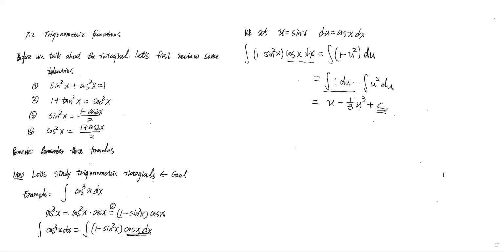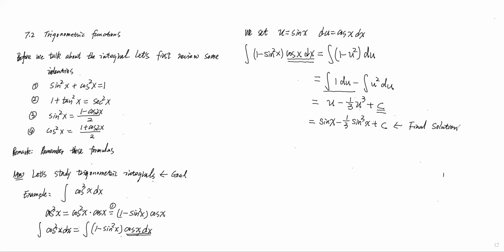You cannot just leave this as the final answer because u doesn't appear in this problem, right? So we have to substitute u by sine x. So we have sine x minus one third sine cubed x plus c. So this is the final solution.